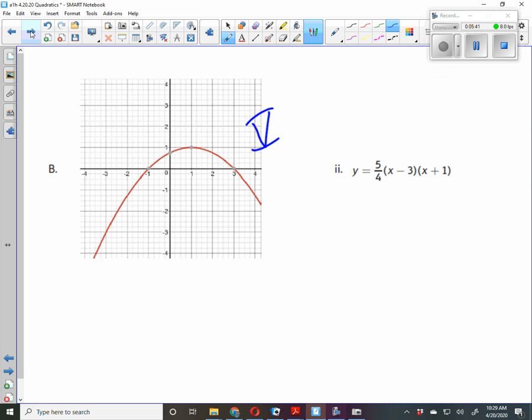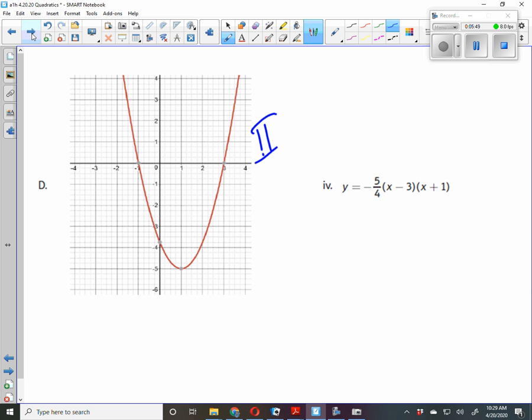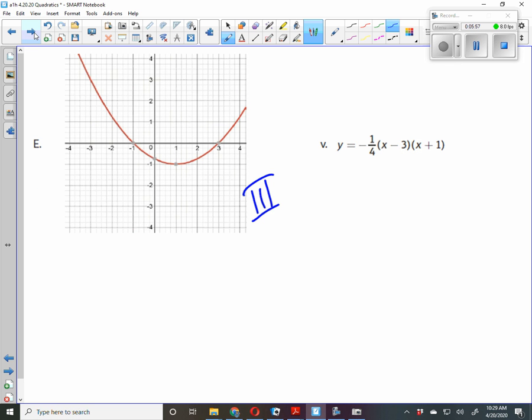B was 5, and you can tell some of these are facing up, some of these are facing down. Vertex form or intercept form, I should say, the initial slope, if you will, should help us determine what graph is what.